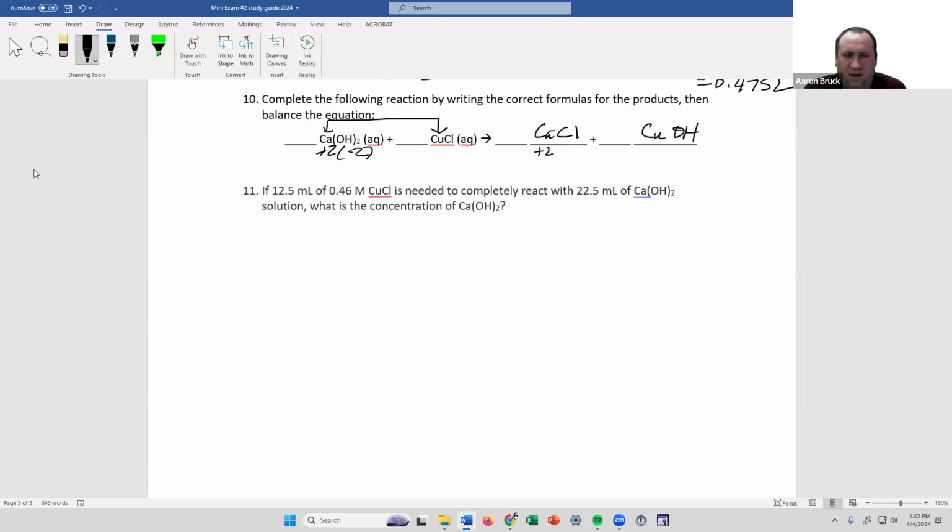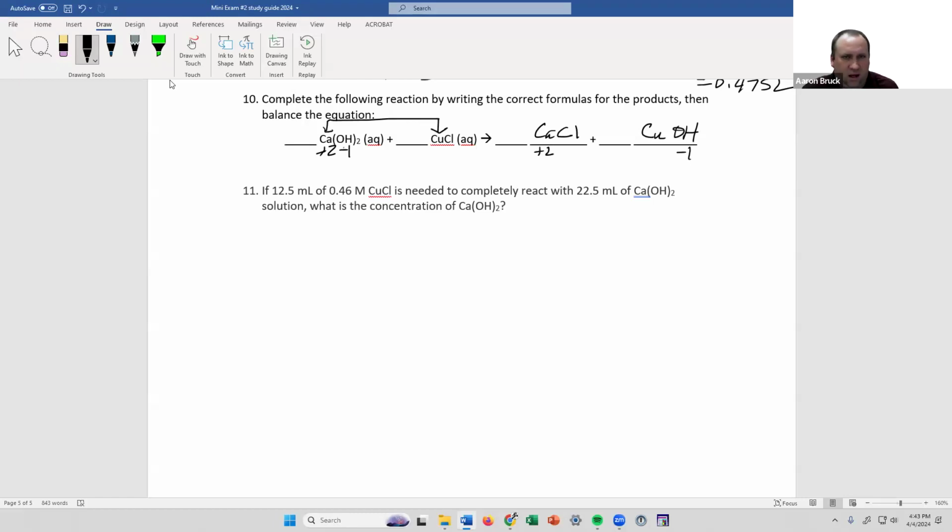That's what charge balance is all about. I've got two of these. So if a total charge is -2 and I've got two objects, 2 divided by 2 is 1. That must mean that my hydroxide is a -1 charge. If it's -1 over here, it's -1 over here.